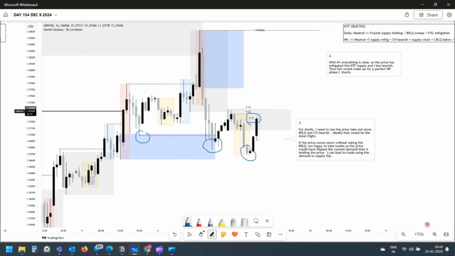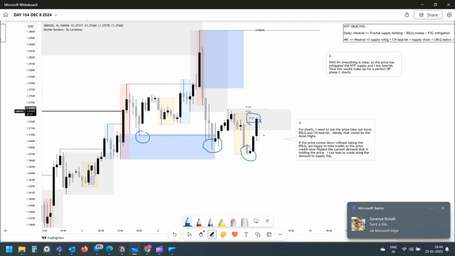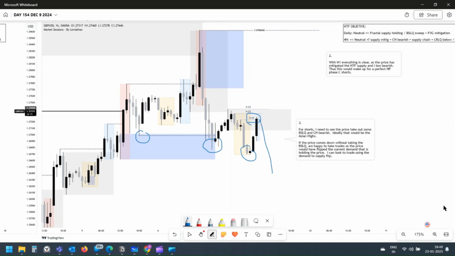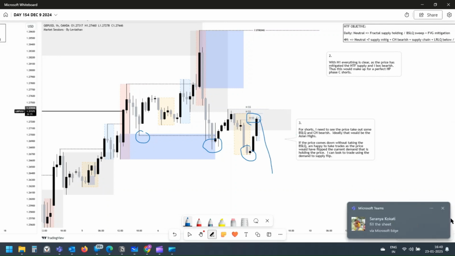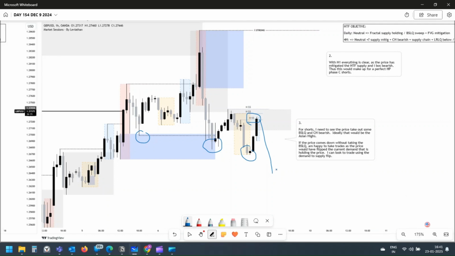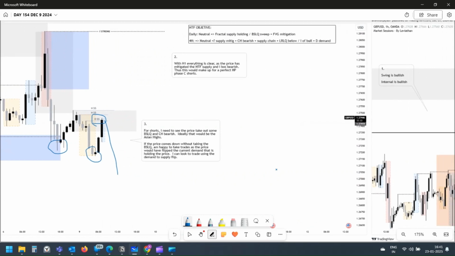So if the price flips this demand, then this would be the flip zone from which I can look for a trade. That was the case too that I had in mind, very similar to the GU EU analysis.